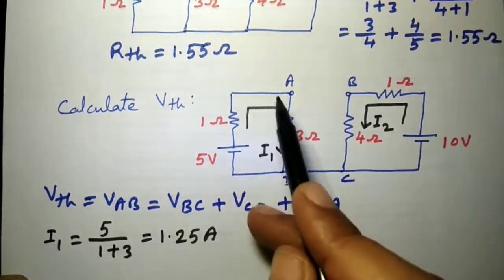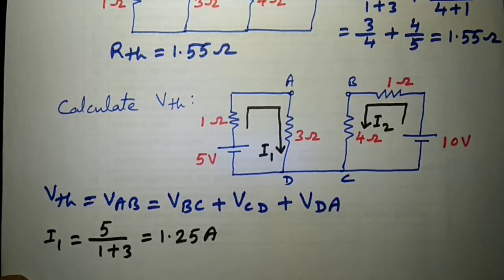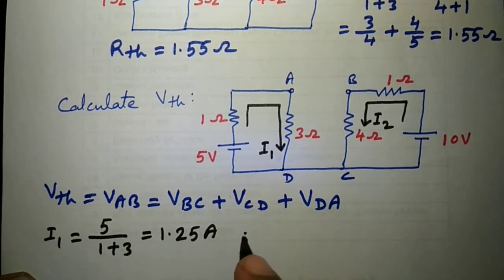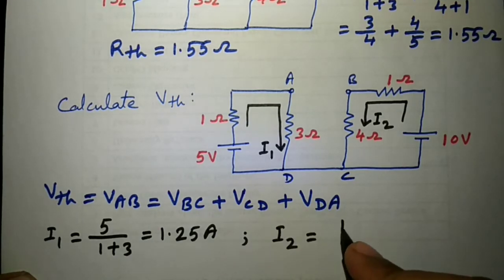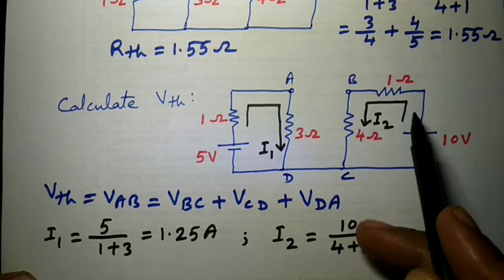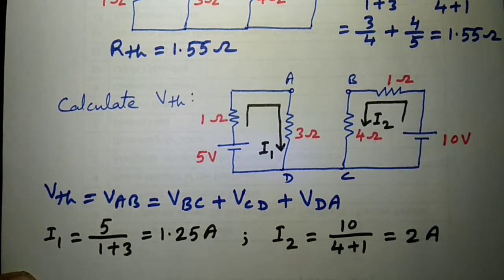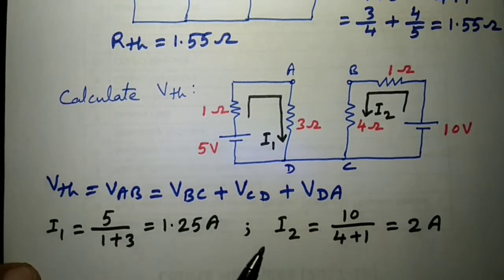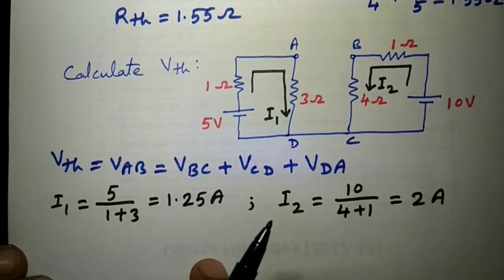We simply apply KVL in this loop. Similarly, the value of I2 will be 10 by 4 plus 1. It is 2 ampere by applying KVL in this particular loop. So now the value of VTH.